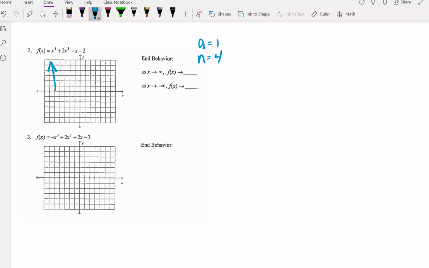So I know, there could be lots of stuff going on in here in the middle. It really doesn't matter right now that you're identifying these minimums and maximums for kind of where they are. What we're looking for is end behavior. So as x goes to infinity, y would go to infinity. As x goes to negative infinity, y goes to infinity.